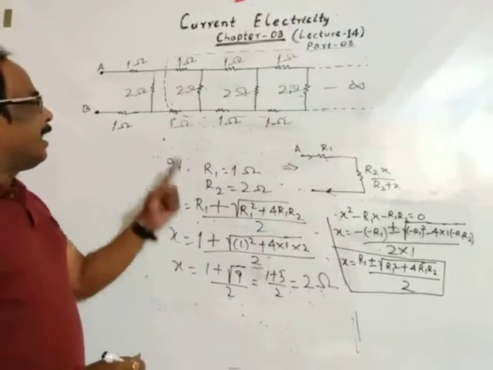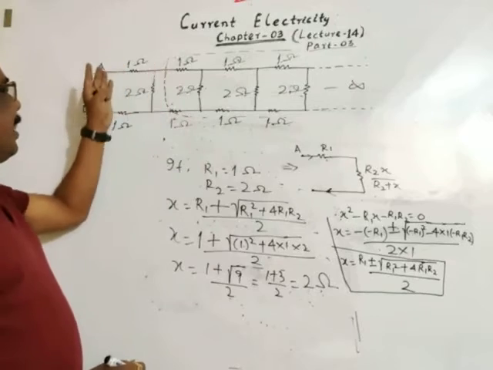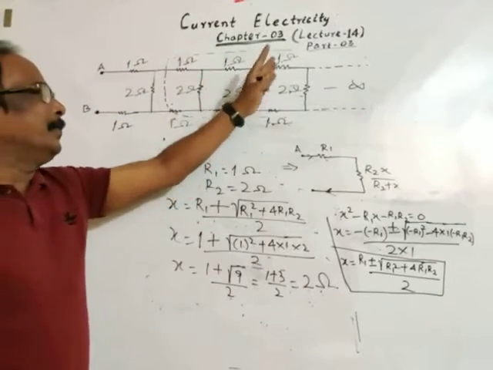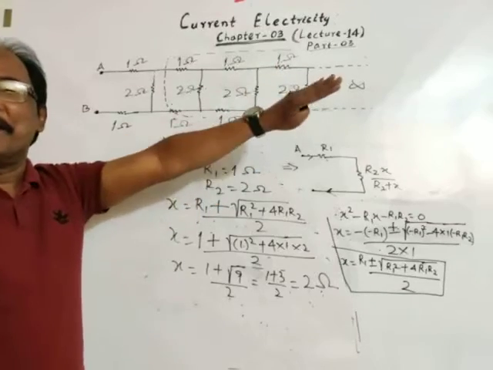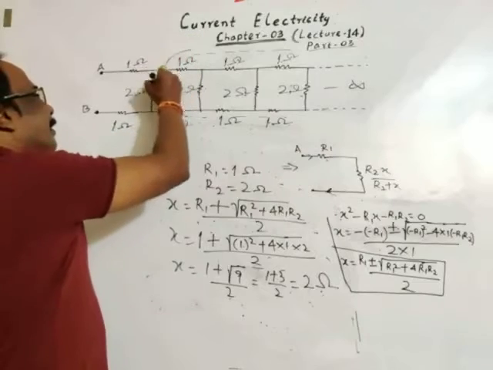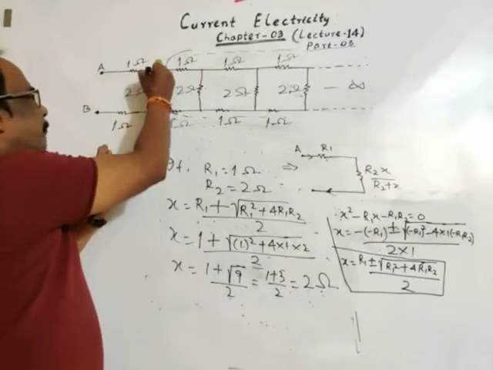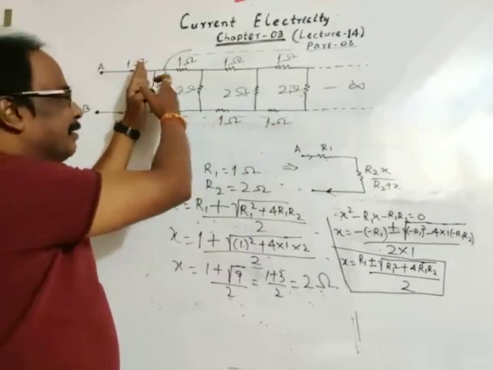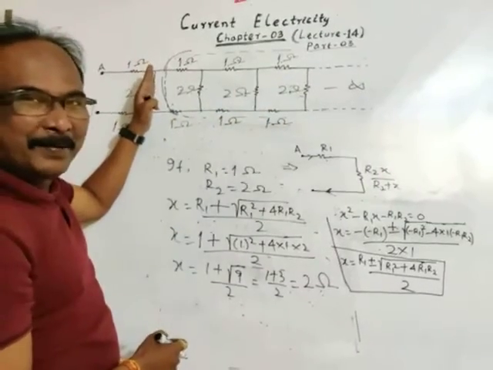Again you see identical sets: 1, 1, 2, 1, 1, 2, up to infinity. Infinite number of sets again. Except the first set, we are considering the sets. The number of sets means infinite number of sets.